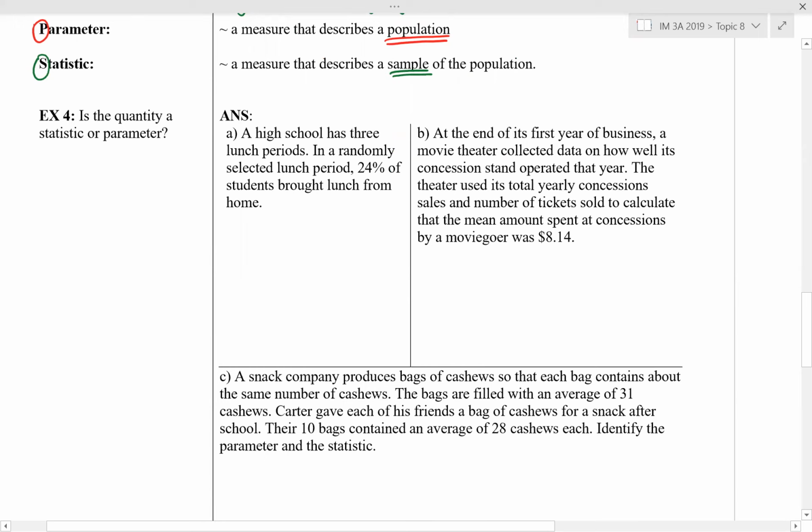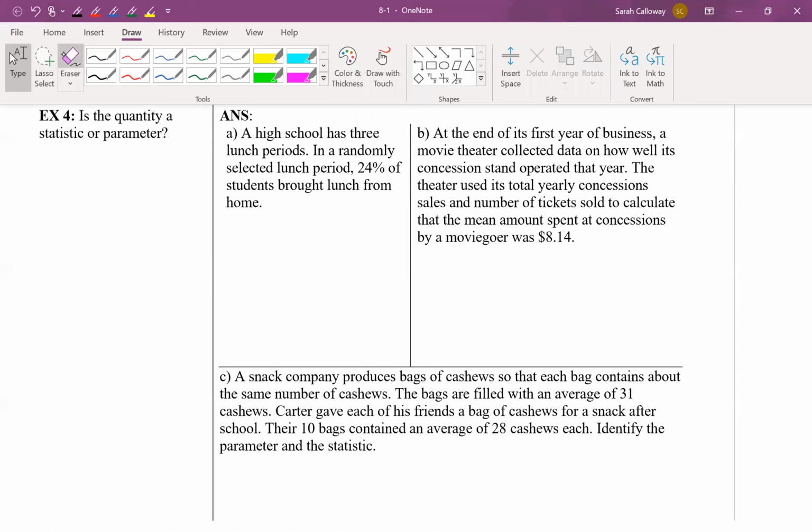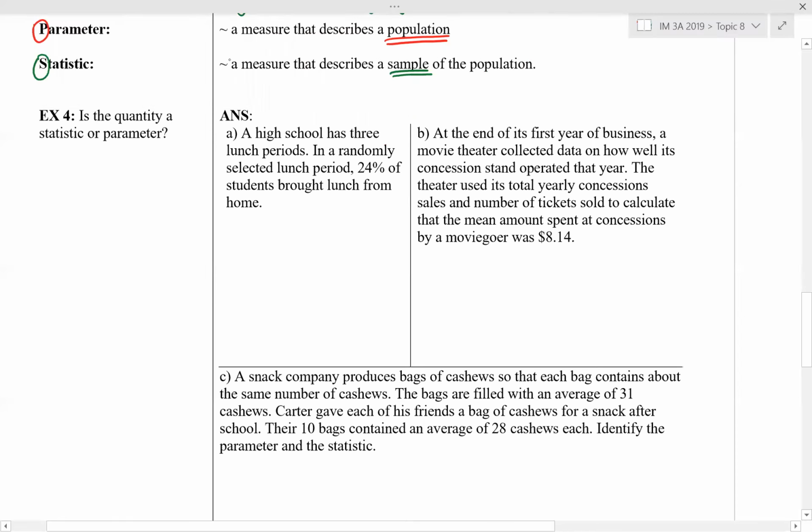So in example 4, we're identifying whether these things are statistics or parameters. Some of these will have both. So for A, a high school has 3 lunch periods. In a randomly selected lunch period, 24% of students brought lunch from home. So the question that we're asking is, does this number represent everyone in the population, or does it represent just the people who were studied?